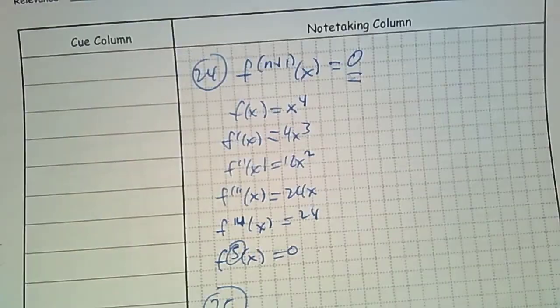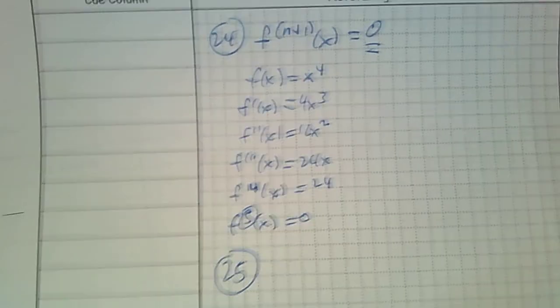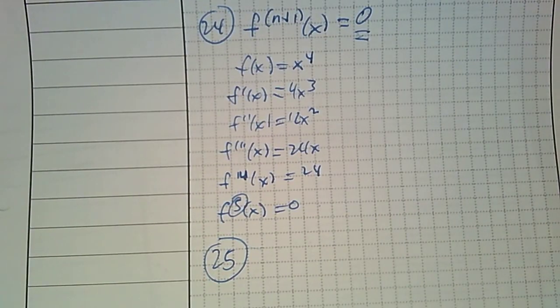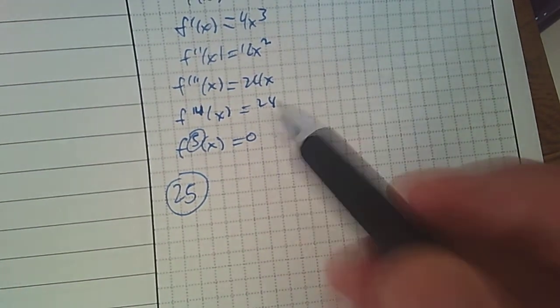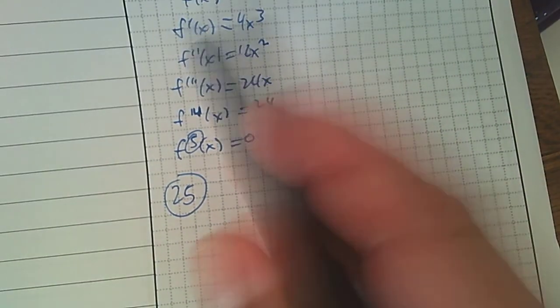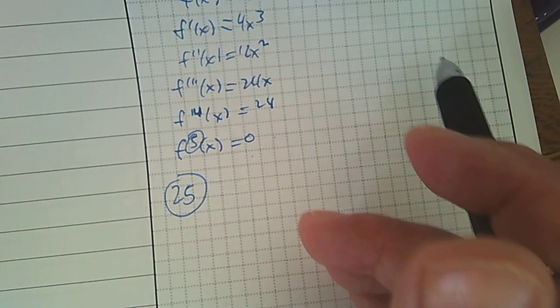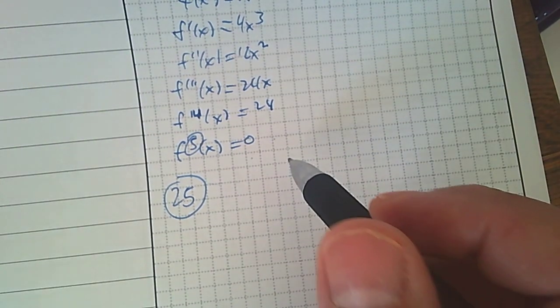So if you have a polynomial and you take the derivative enough times, what will the answer eventually be? 0. That's what it's trying to explain. I'm sorry, it's a headache. But hopefully that makes sense. All right, 25.